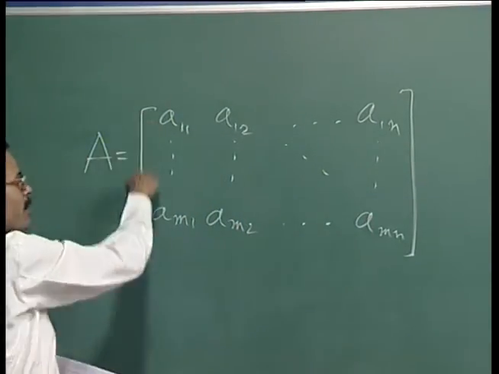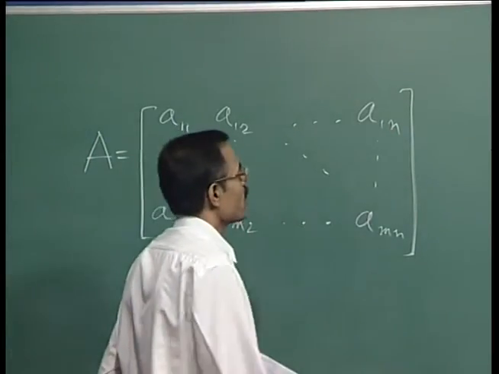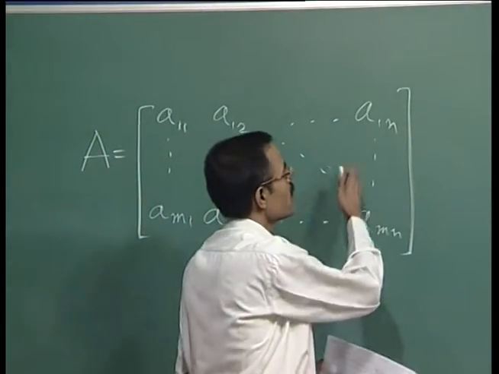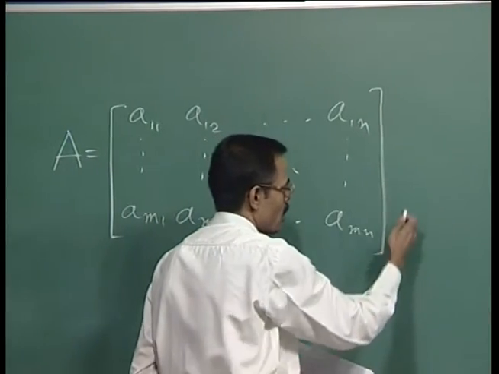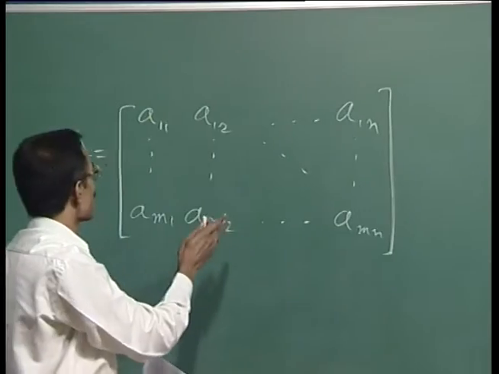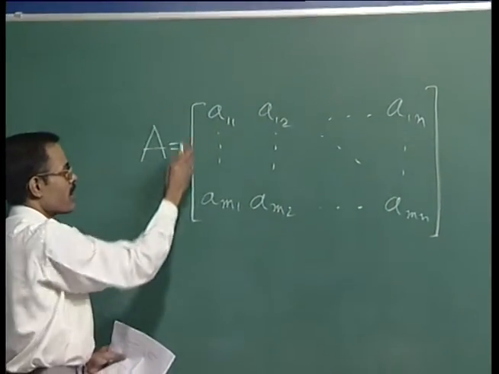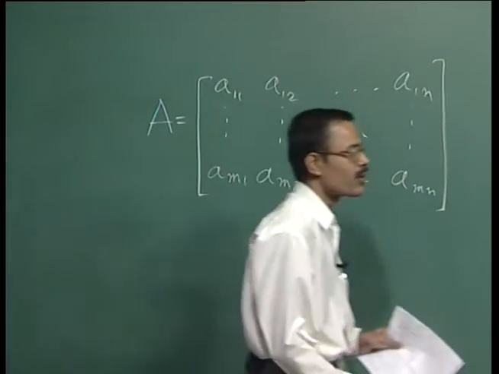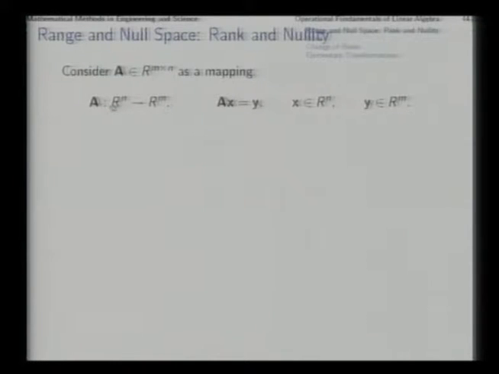It will have m rows and n columns, and therefore, it will multiply a vector of size n and give a vector of size m, and therefore, we say that the mapping is from Rn to Rm. x is in Rn and y is in Rm, m dimensional vector.